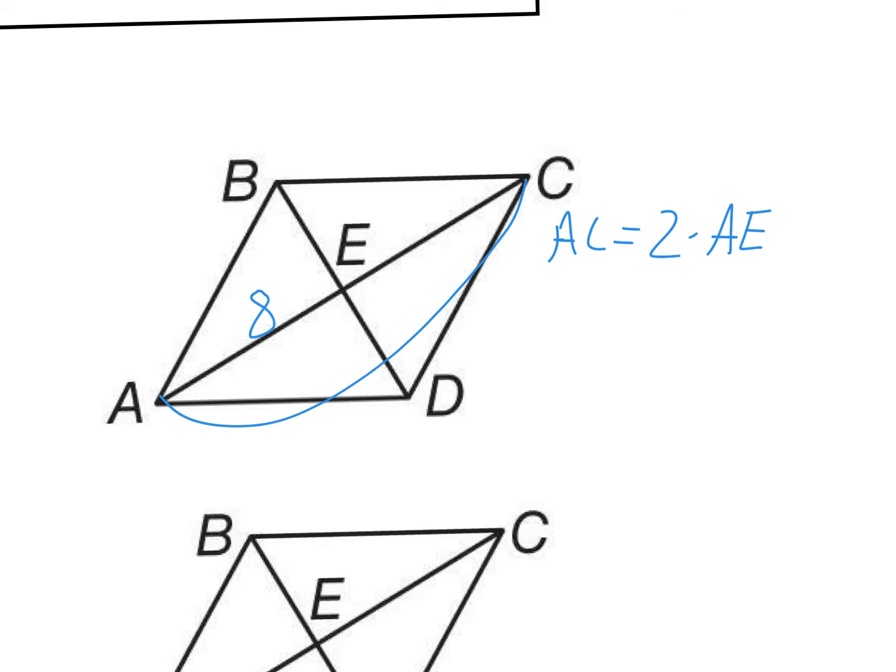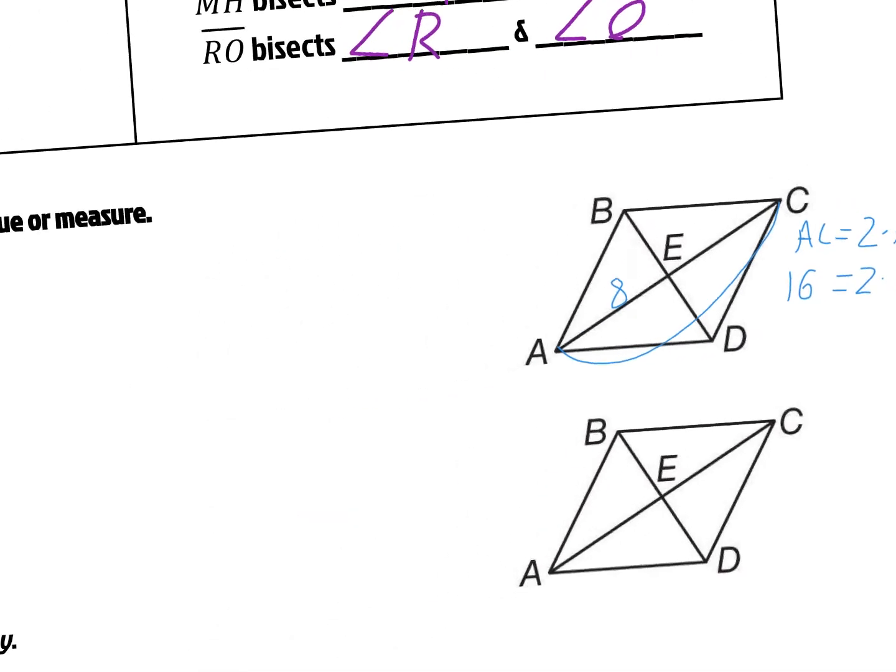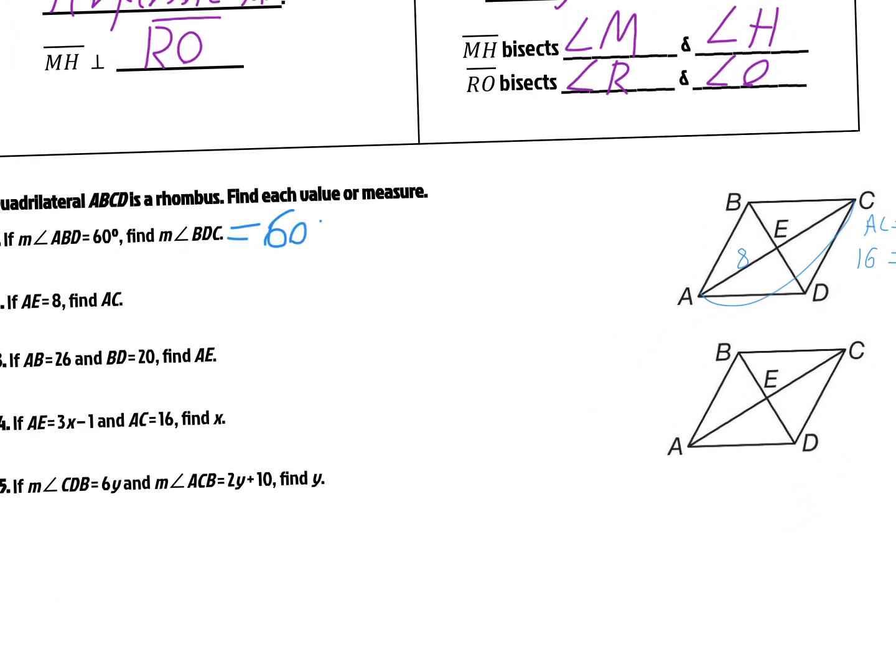So if AE is 8, then 2 times 8 is equal to 16, or the measurement of AC. So AC equals 16.